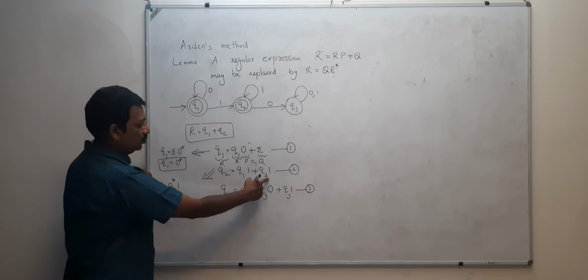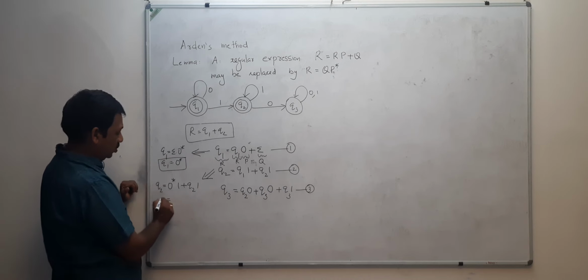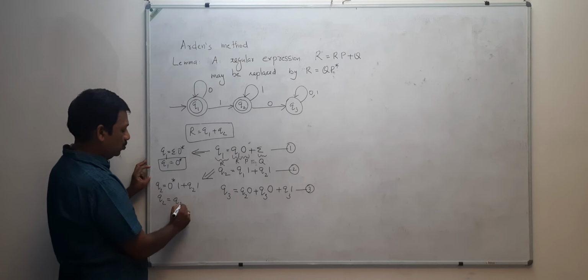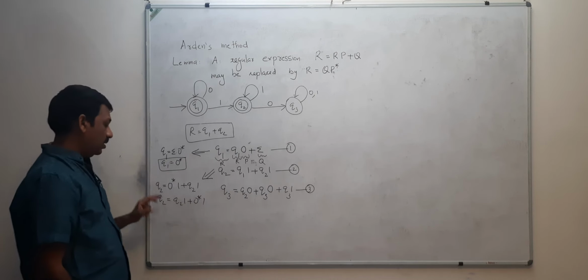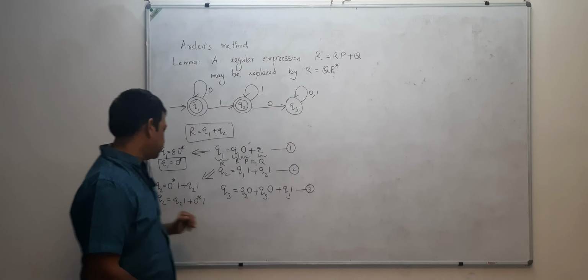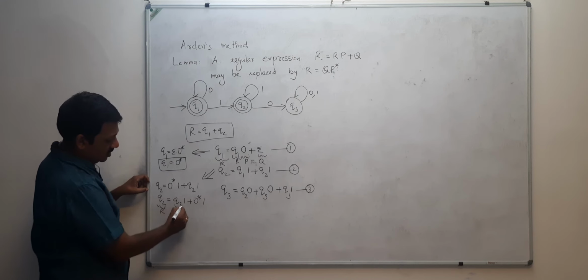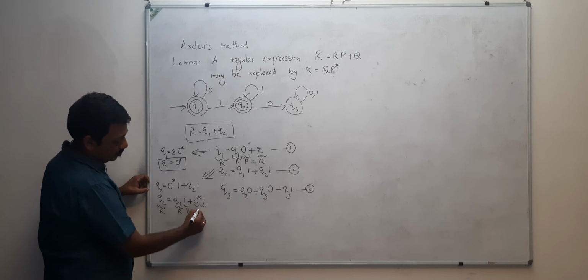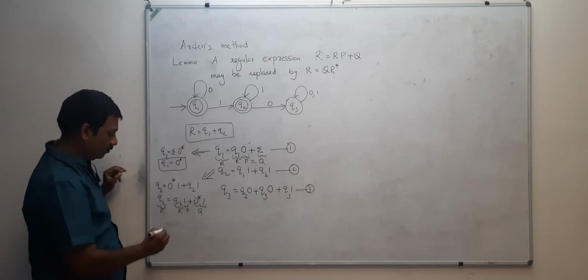Plus Q2 1. Interchanging this, Q2 is equal to Q2 1 plus 0 star 1. Now this again is in the form R is equal to RP plus Q. This is R, this is P, and this is Q. This can be replaced by R is equal to QP star.